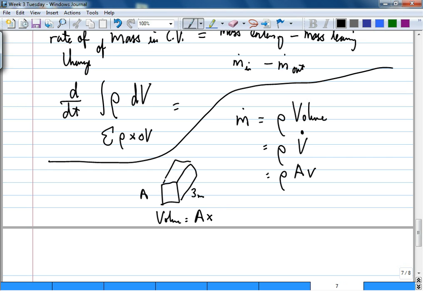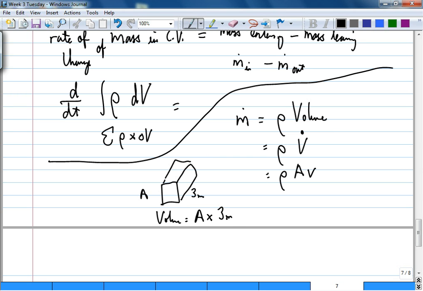Now if in 1 second this volume moves across some arbitrary surface, it's moving at 3 meters per second, correct or not?